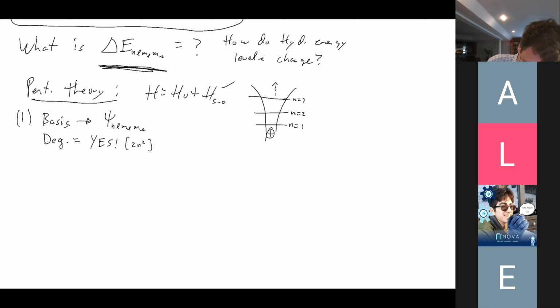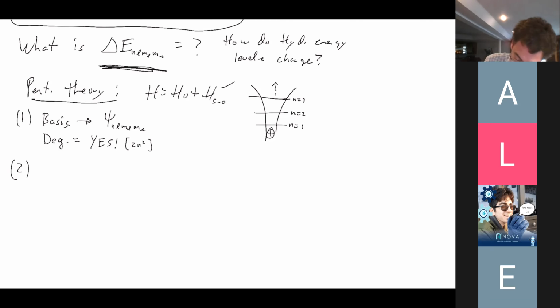And so then the next question we have to ask ourselves is what? In order to apply our lovely little perturbation theory formulas, we have to ask a second question. What is that? Are the matrix elements 0?